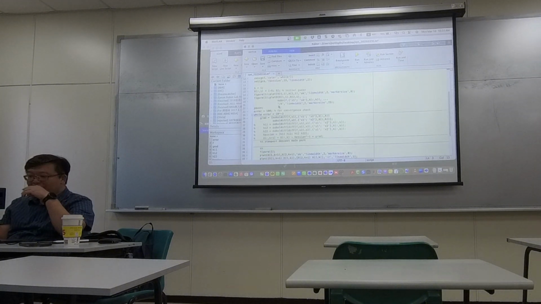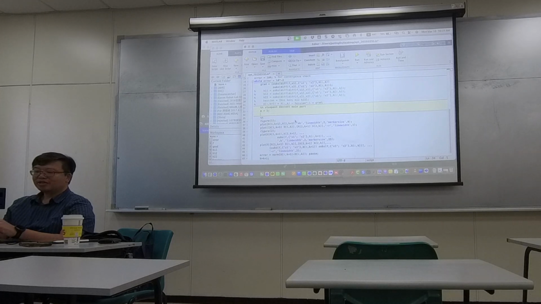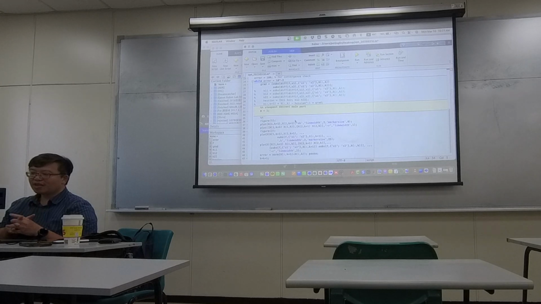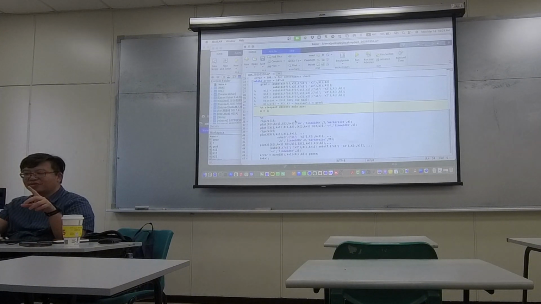So right here I need to say m equals to 1. This is my line search iteration number, and then I need to get a function of alpha, right?